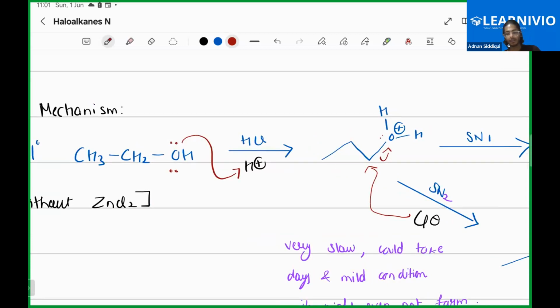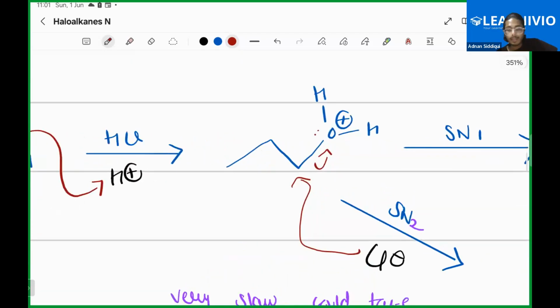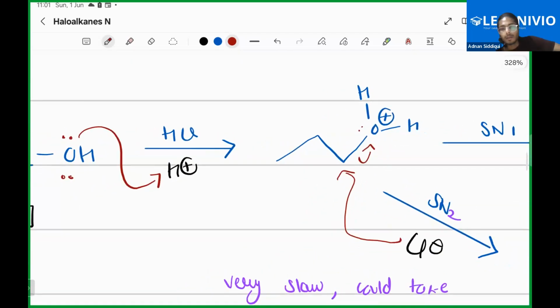To help which atom, H positive or chlorine? H positive. Good. Because it has tried to help some other atom, the positive charge on H is transferred to O. The positive charge on hydrogen is transferred from H to O, because oxygen tried to help H.